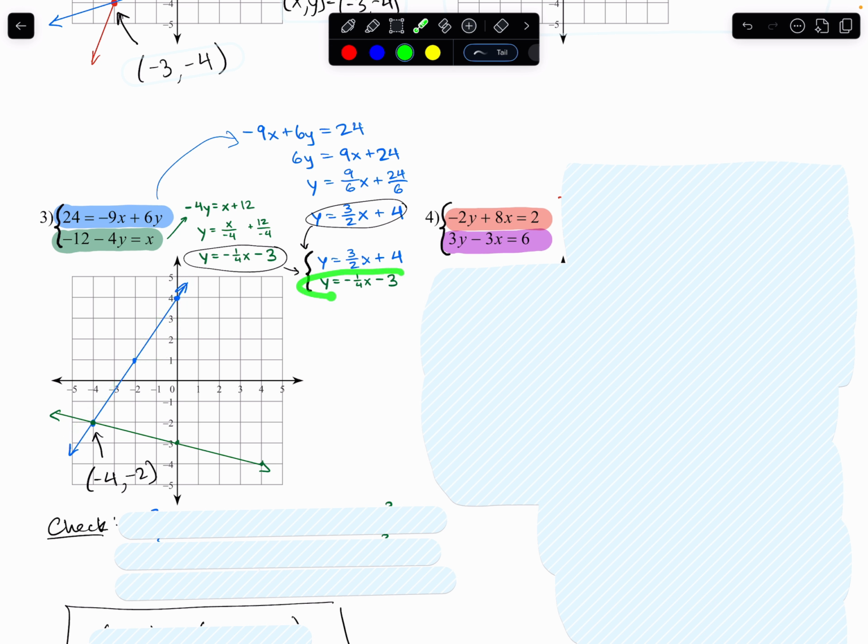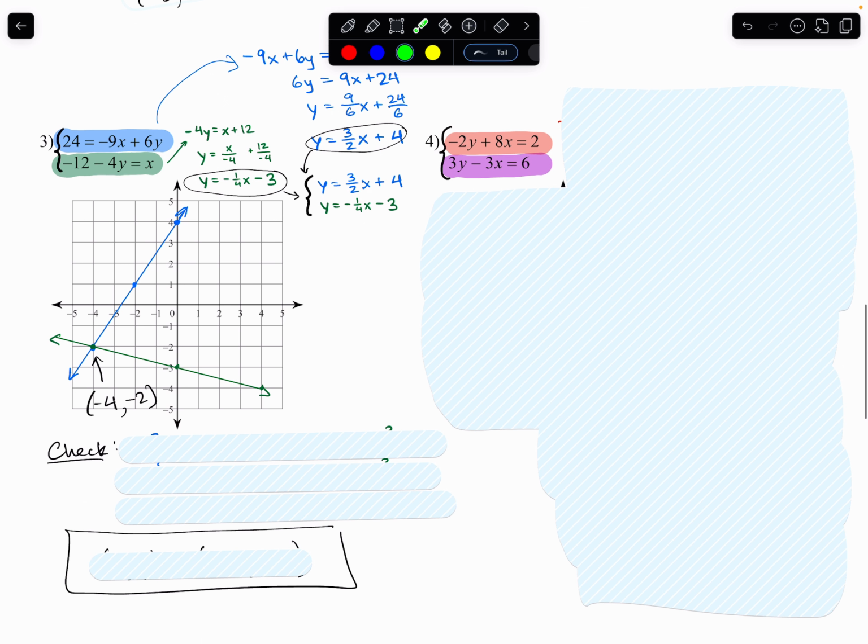Our second equation has a starting point of -3, and then it has a slope of -1/4. So I went up 1, but to the left 4, like that. Or you could go down 1 and over 4 and put the point there too. Either way, we'll find our two lines, and that point where they cross is -4, -2.